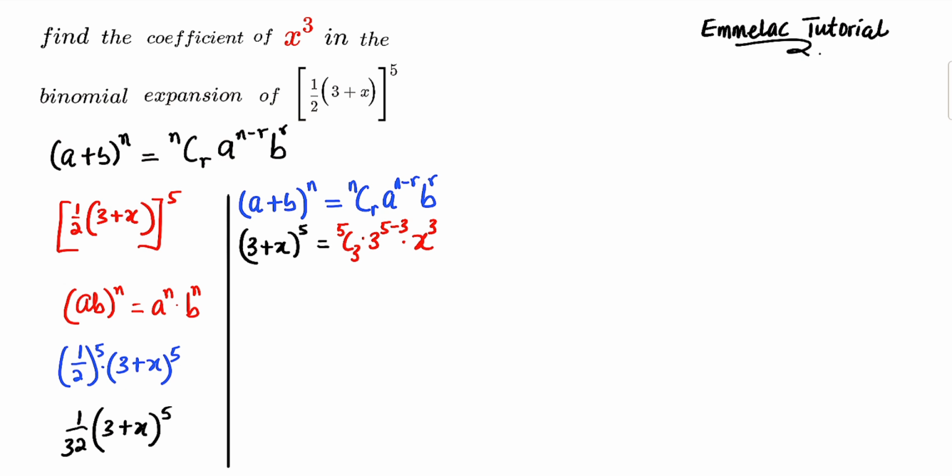Let us recall that the formula for combination, n combination r, is n factorial all over (n minus r) factorial times r factorial. So 5 combination 3 gives us 5 factorial all over (5 minus 3) factorial, then 3 factorial.